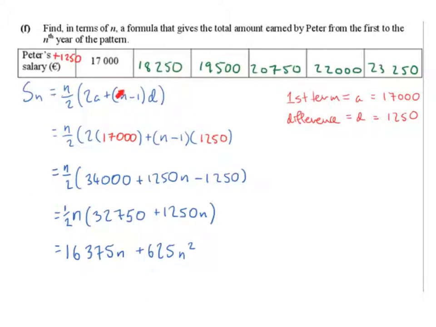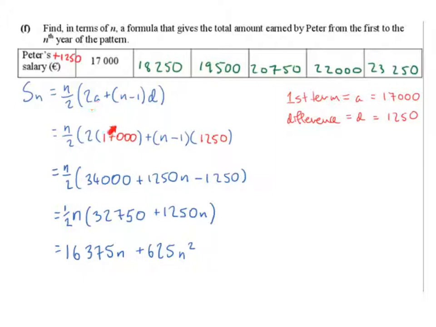So we have our formula, and we don't sub anything in for the n, because we're actually trying to create a formula in terms of n. That means n will be in the formula. So we want n in our answer. So we have n divided by 2, so that just stays as it is. Then we bring down that bracket, and then 2a becomes 2 multiplied by 17,000.